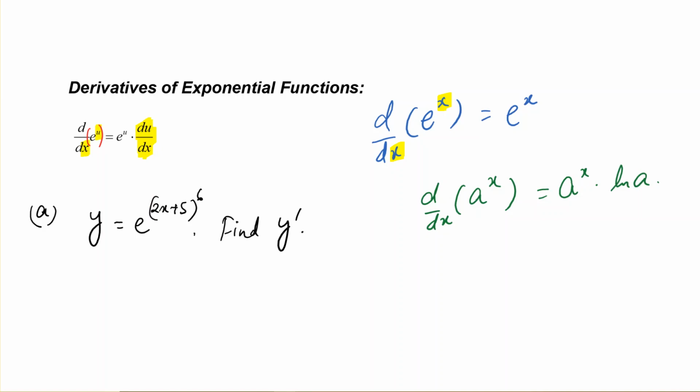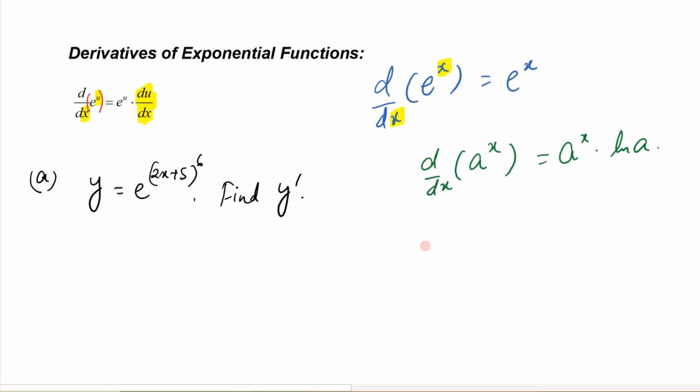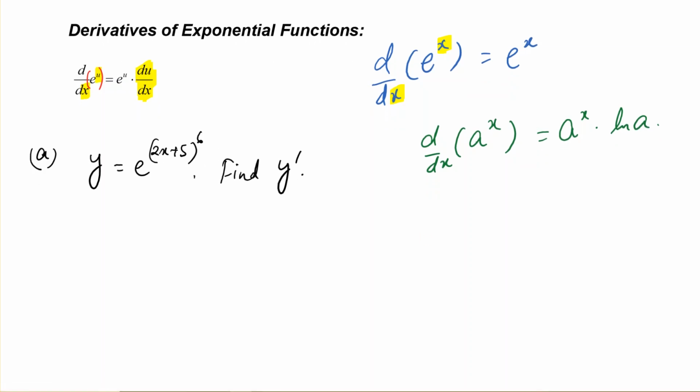For the first example, let's say we have y is equal to e raised to power (2x plus 5) raised to power 6. Find the first derivative. Again, first we take the derivative of the outside. In this case, the outside function is the exponential function, and the derivative of the exponential function is the function itself.